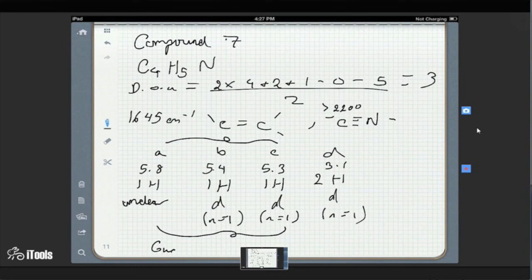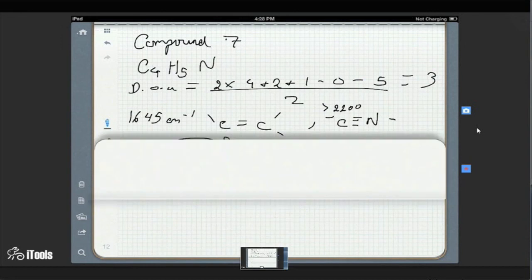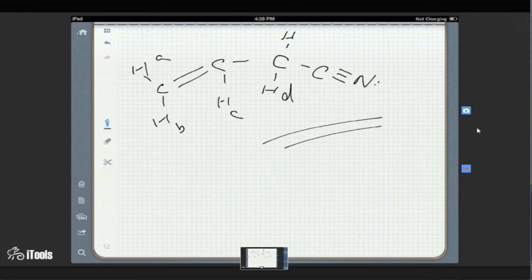By the way, what's the definition of an alkene? Two carbons connected by a sigma bond and a pi bond. So it's got to be two carbons connected by a double bond, right? Yeah. So if you have something in the 4.5 to 6 region, could that represent an imine?